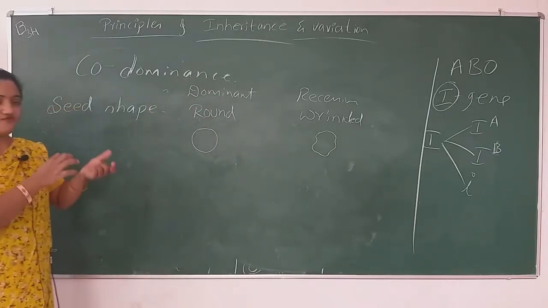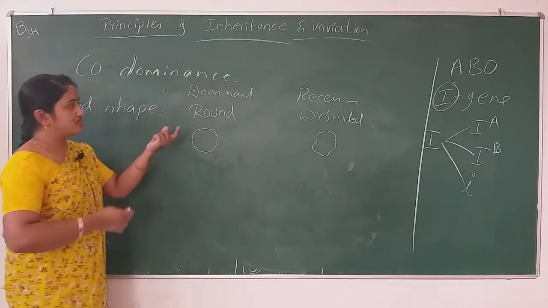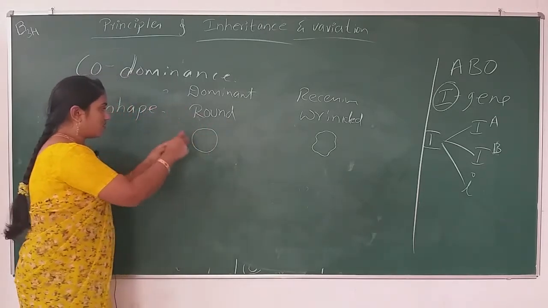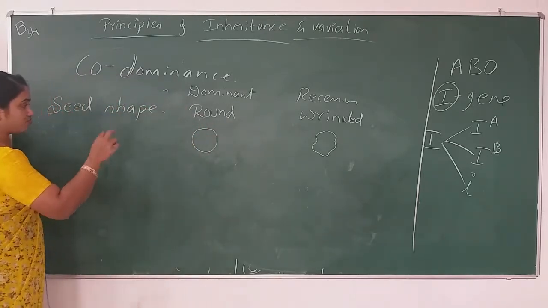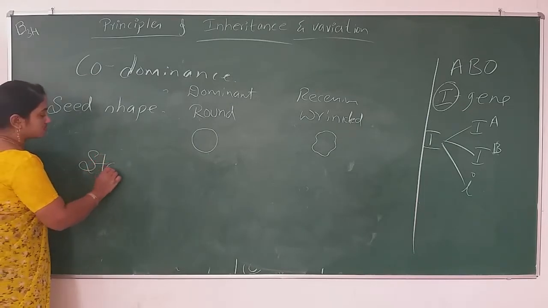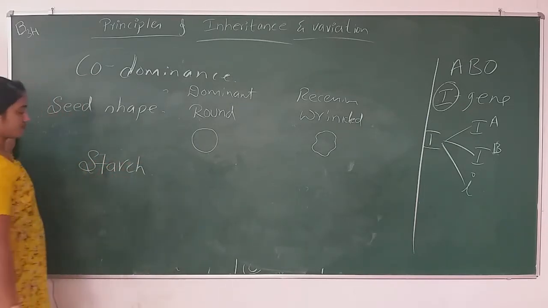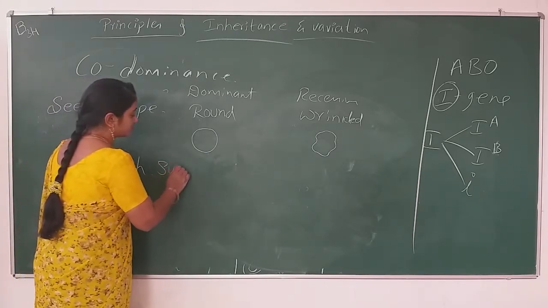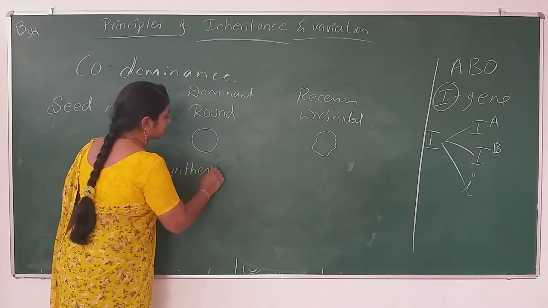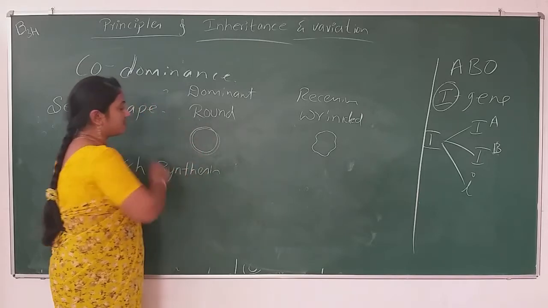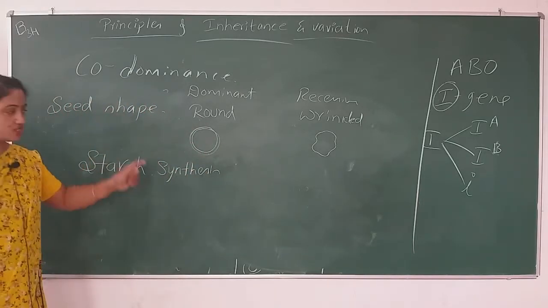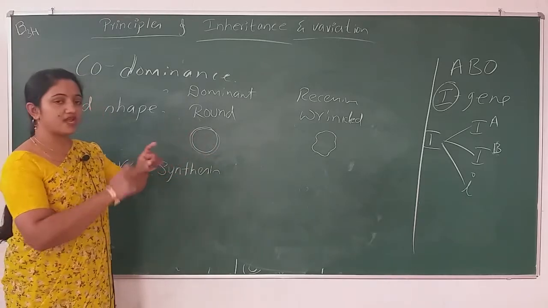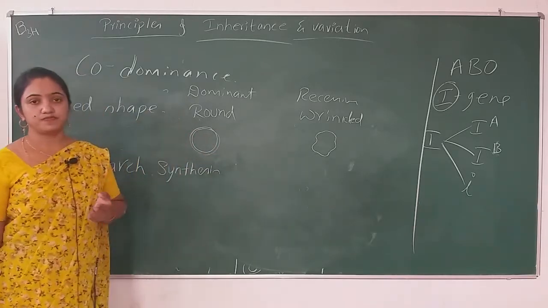But the reason for the shape of the seed is that it produces more starch. A maximum, high amount of starch is synthesized in this type of seed. Because of this, the seed shape becomes round.